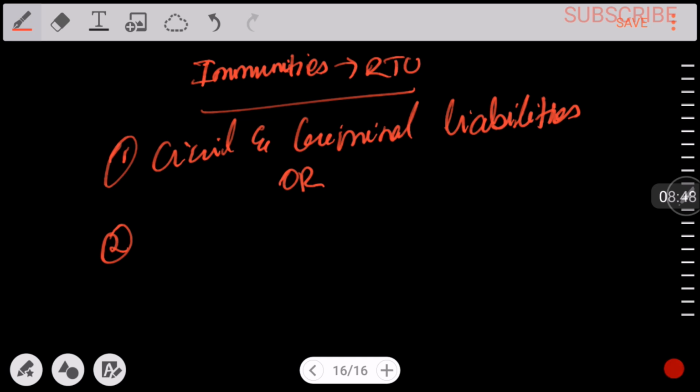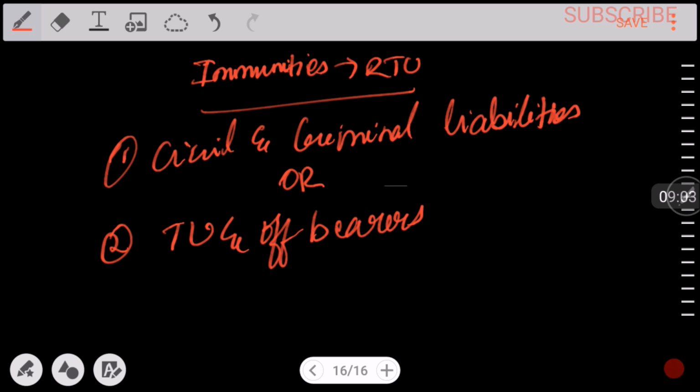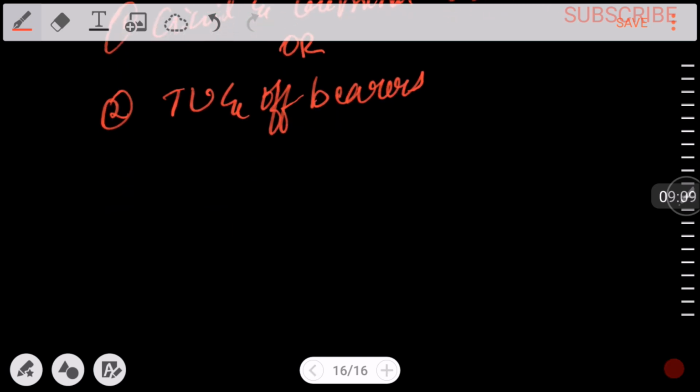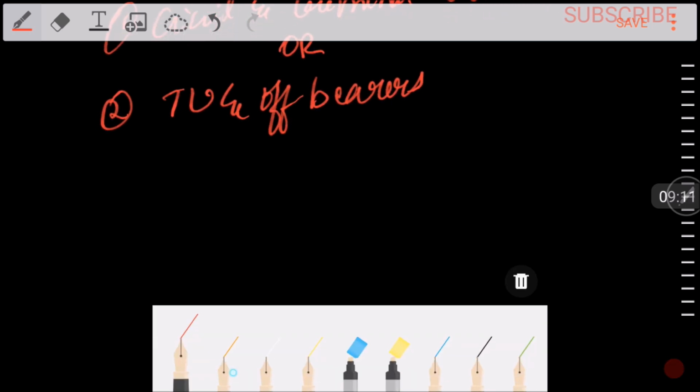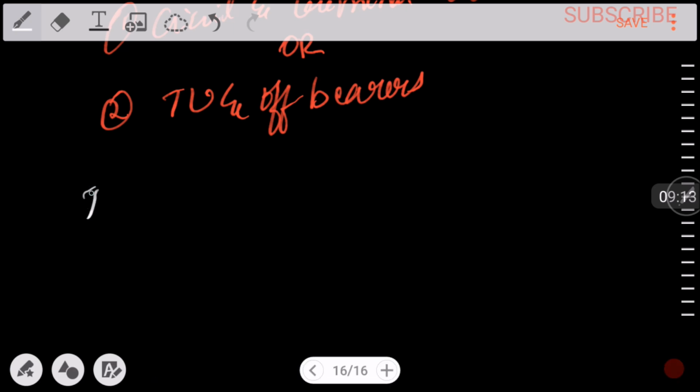Or another type of question can be asked from this, like, what are the privileges and immunities of the trade unions and its office bearers in labor law? Immunities of the trade union and office bearers. So these are the types of questions that can be asked.